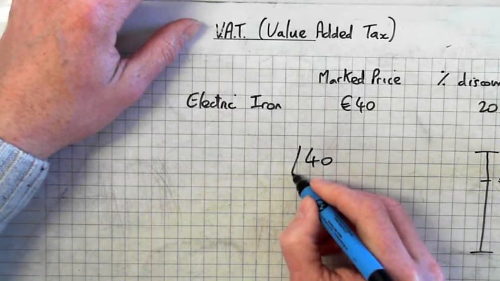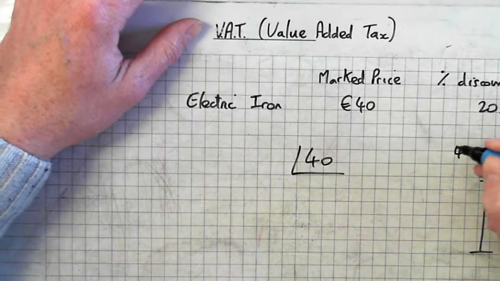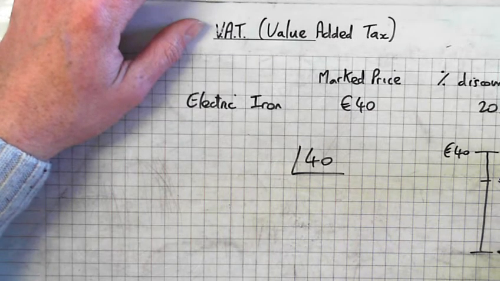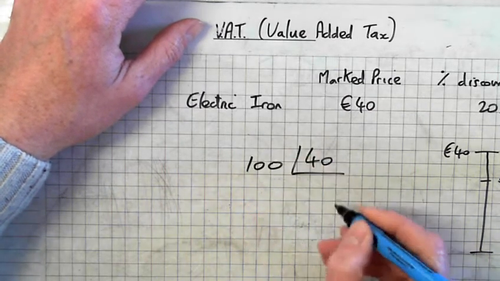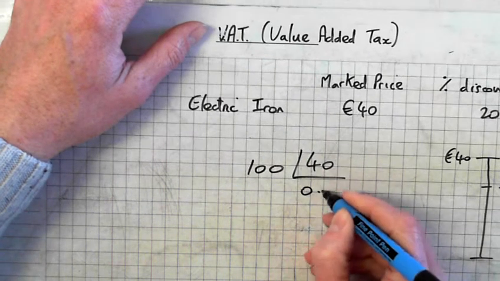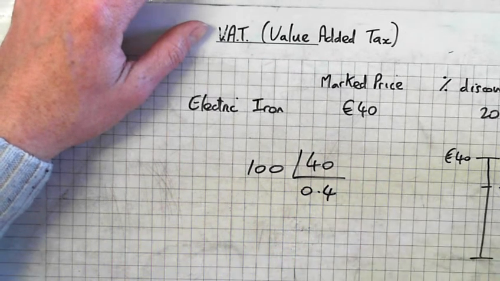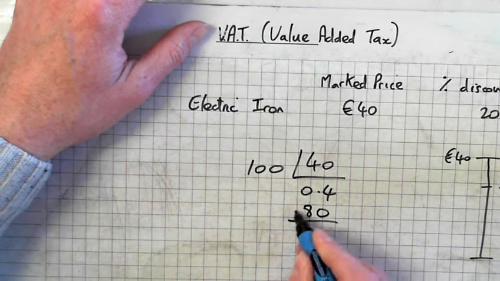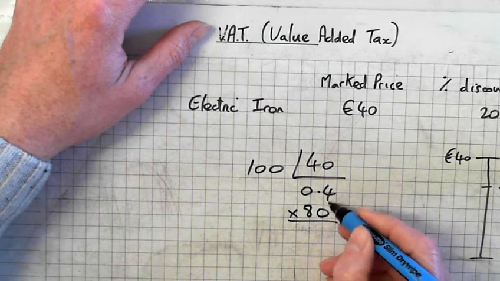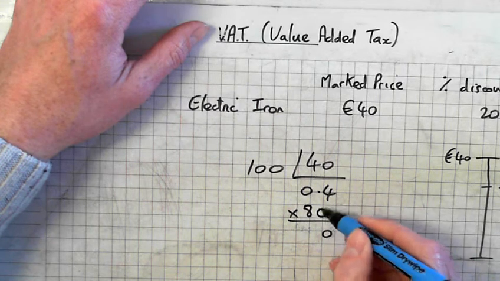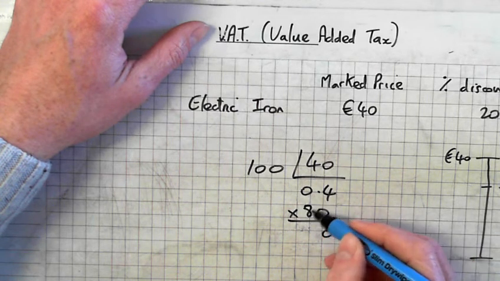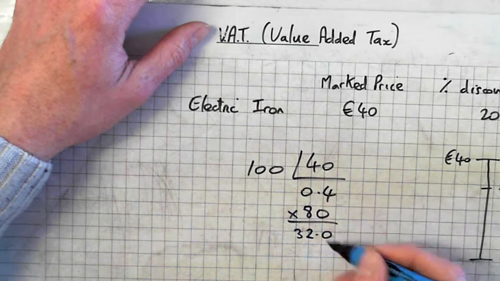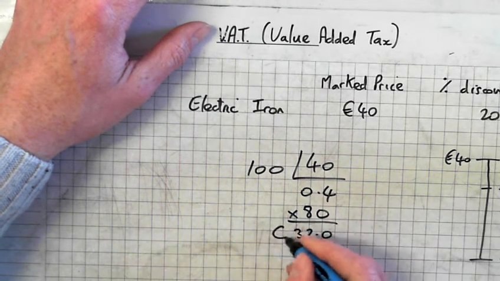So I take €40, which is 100%. Divide by 100 to get 1%. So that's 0.4. And then multiply by 80 to get 80%. So 0 times 4 is nothing, 8 4s is 32. There's one decimal place. The answer is €32.